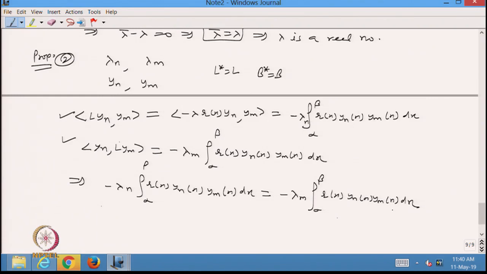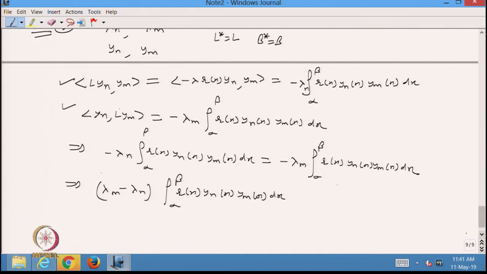So basically this is the inner product we have defined. This is the inner product of y n and y m, and this is the inner product of y m and y n. So from here I can write, taking it on the left hand side, it can be written as alpha to beta r x y n x y m x dx. So this we are defining, and that is equal to 0.